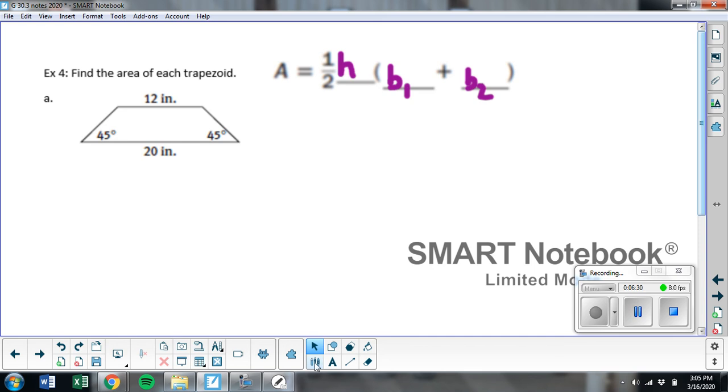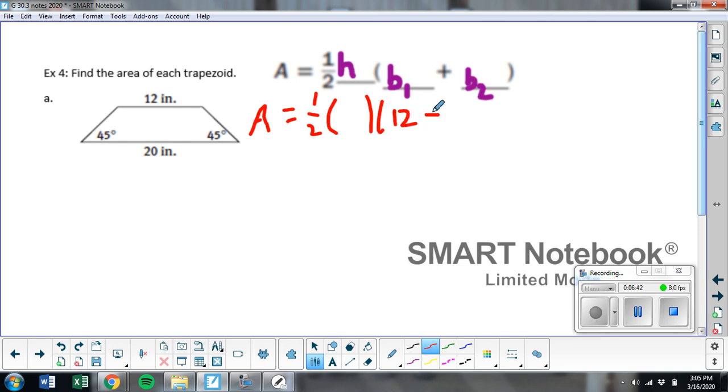Number 4. Looks like we have a base of 12 and a base of 20. Fill those in. Let's find our height. Again, we always are making triangles to find a missing part. I need to find that.